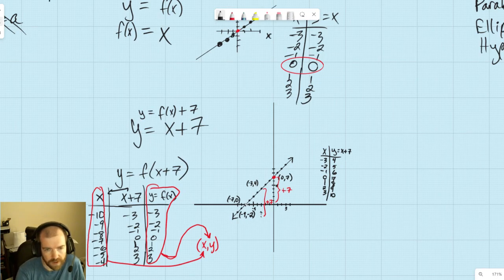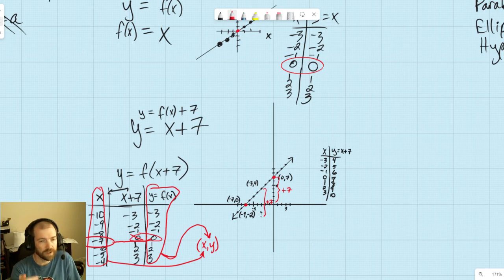So here, our point which used to be at 0, 0 is no longer at 0, 0. Our point at 0, 0 has now moved to -7, 0. So -7, 0 is alternatively a new origin point.